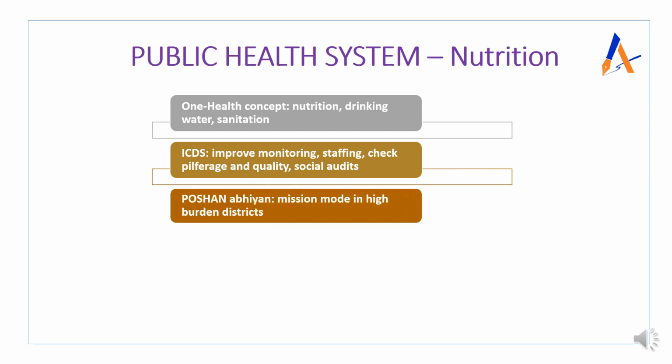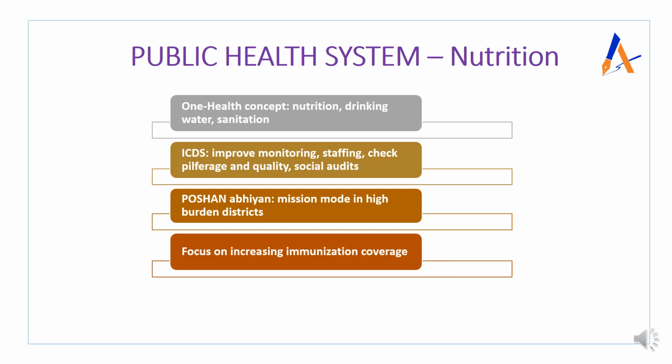Then we talk about Poshan Abhiyan, which has been launched by the government. Greater flexibility should be given to the states, and it should be implemented in mission mode, especially in high burden districts, so that it gives due benefit to the people and areas which are in need. Next, you have to talk about focus on increasing immunization coverage.